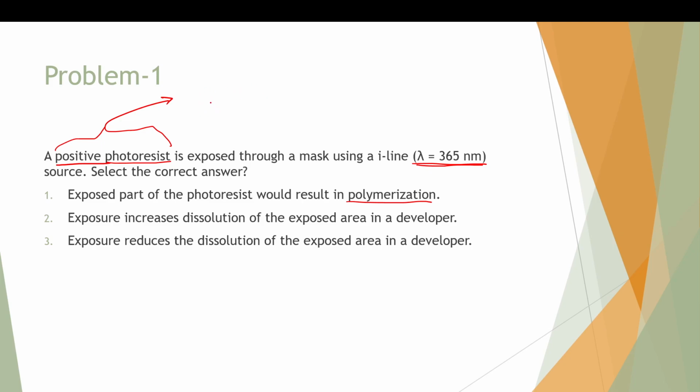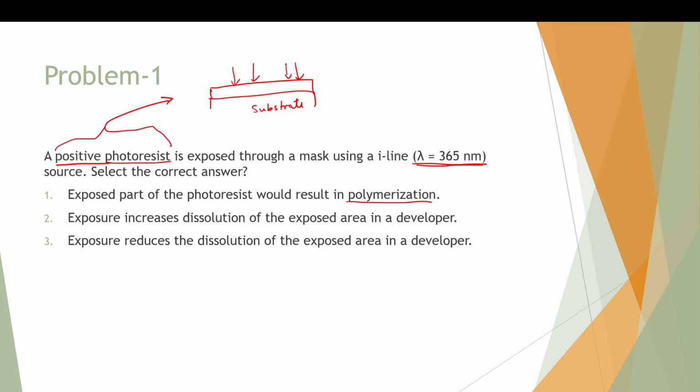So in a positive resist, what happens is, this is my substrate, and I'm coating it with a resist. This is done using spin coating methods that we have discussed in class. After I have coated it with resist, I'll expose it using this 365 nanometer light. Wherever it is getting exposed, those parts will either become more soluble in the developer, or they will harden and become less soluble in the developer.